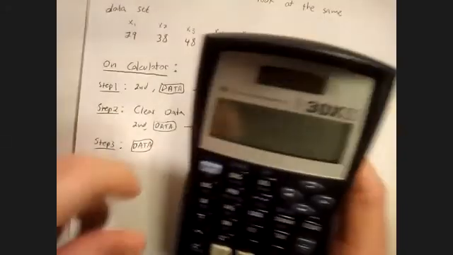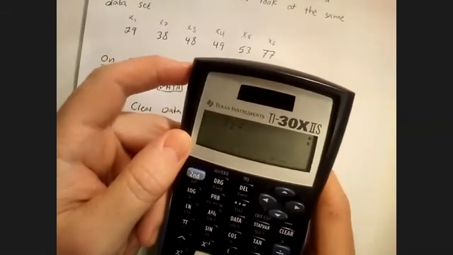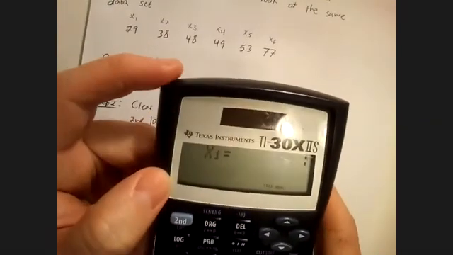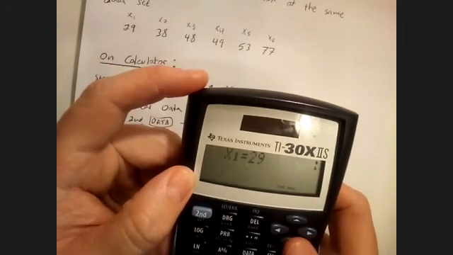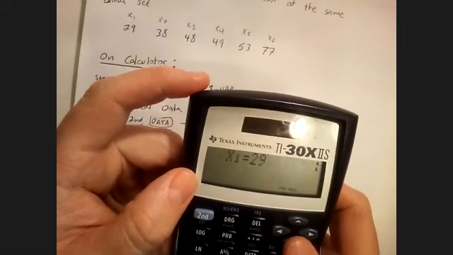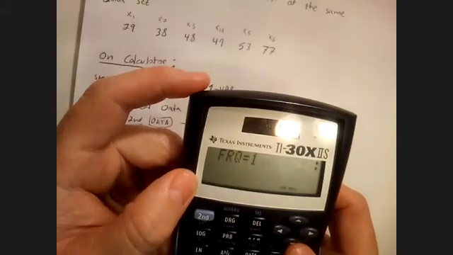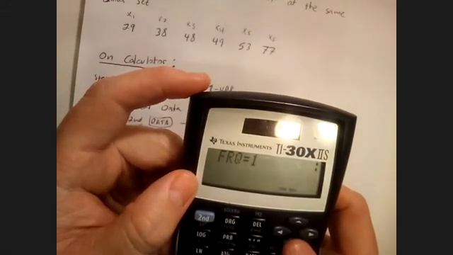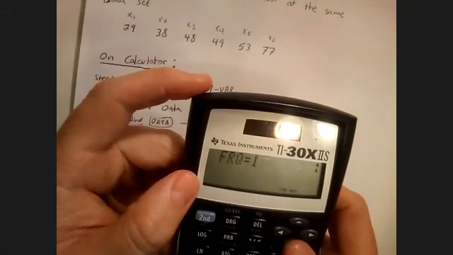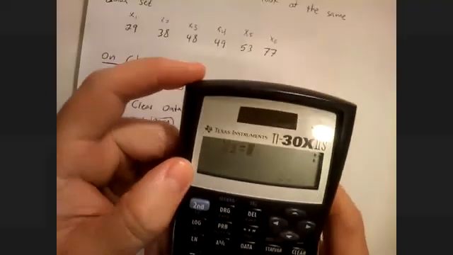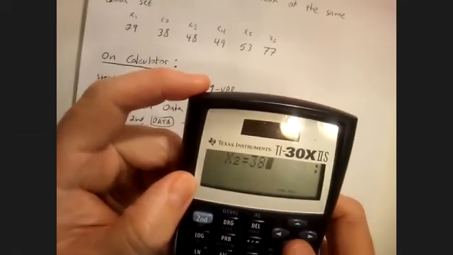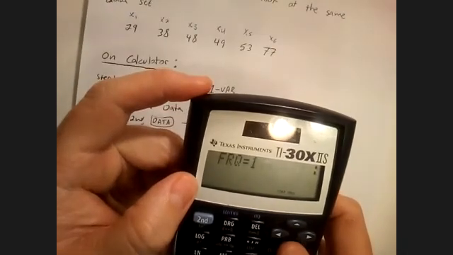So to put X1 in, let's see here, that's 29. If you push the down button, then it says frequency. Well, the frequency for all of these are 1. Okay, so I'm going to do the down arrow again. X2, 38. I'm going to do the down arrow each time. Okay, frequency is 1.